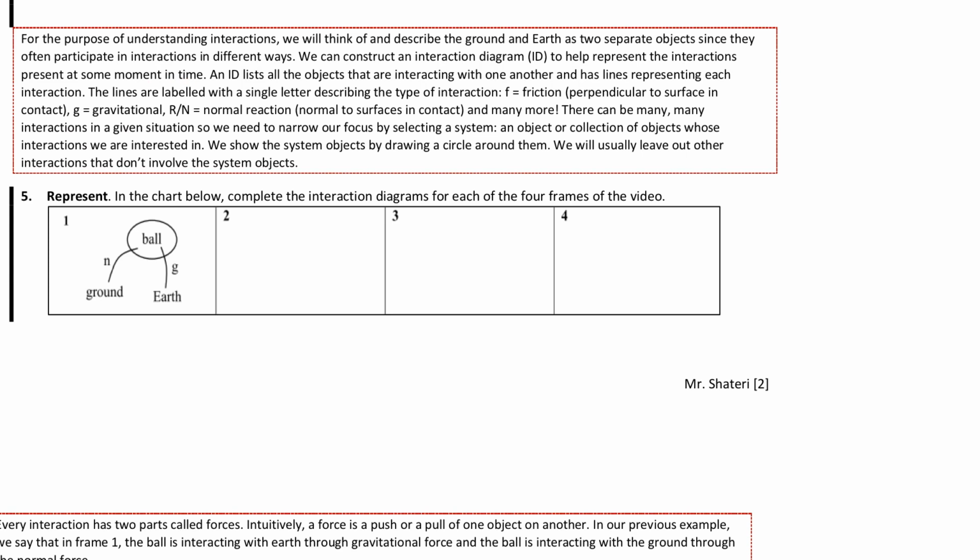An ID lists all objects that are interacting with one another and has lines representing each interaction. The lines are labeled with a single letter describing the type of interaction. So it could be friction, which should say parallel.